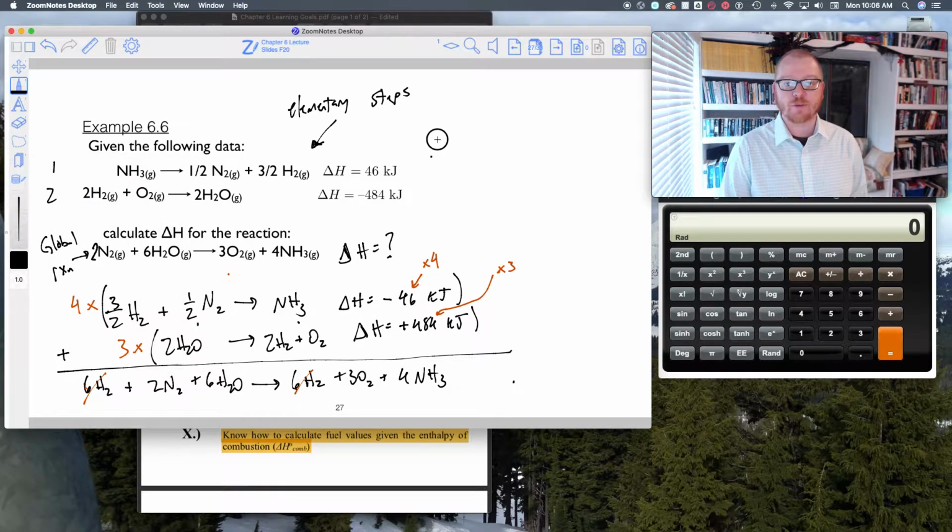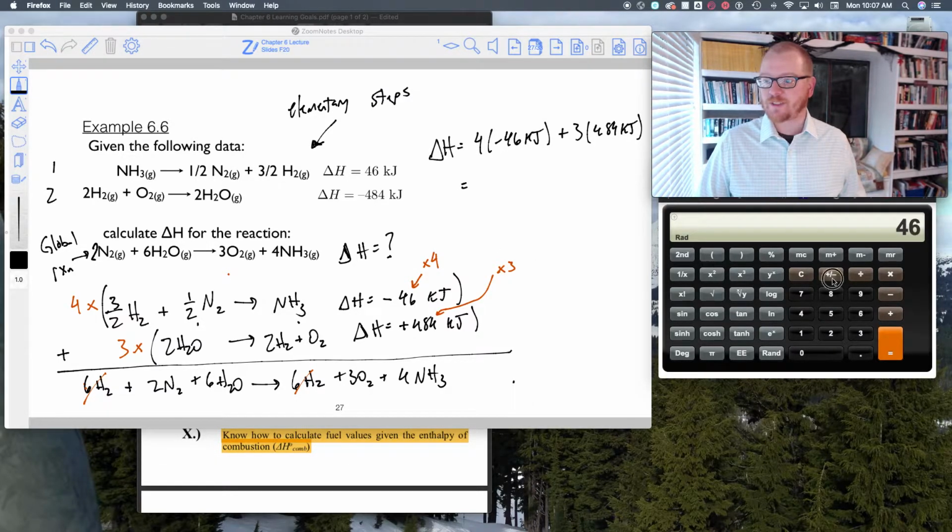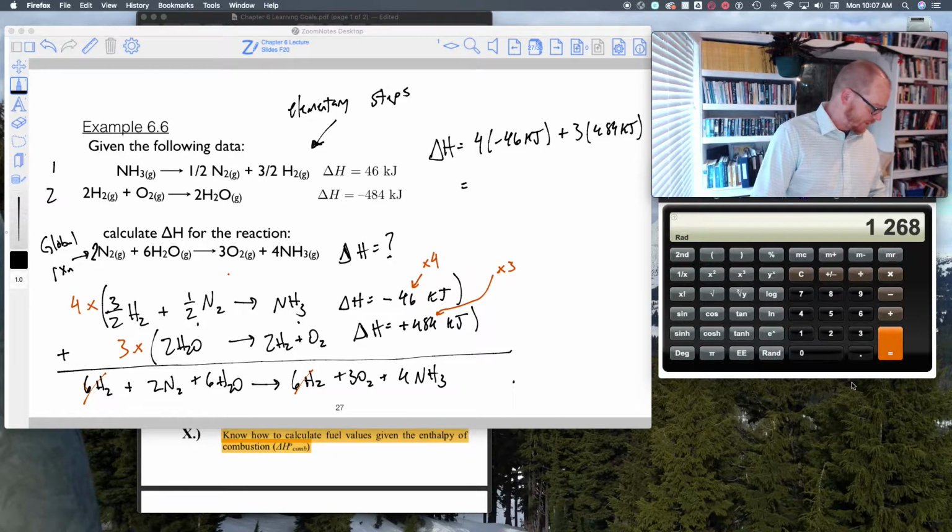And then now down here for my delta H, it's going to be 4 times negative 46 kilojoules plus 3 times 484 kilojoules. So let's see, that's going to give me negative 46 times 4 plus 3 times 484 equals, and let's see here, what do I get?